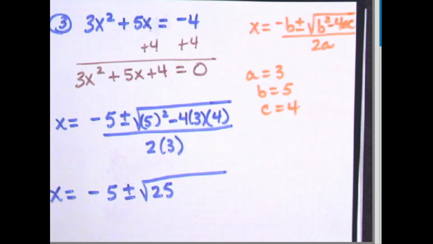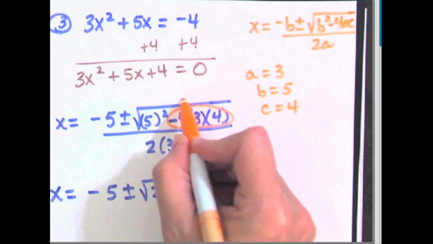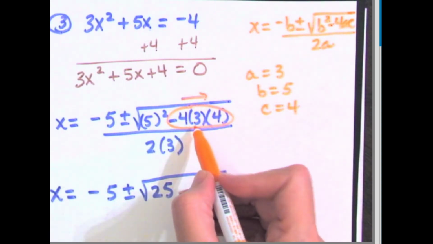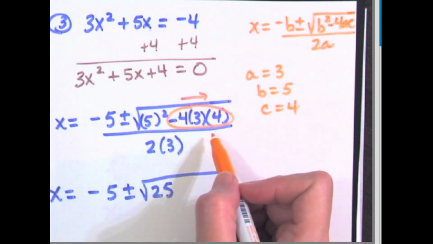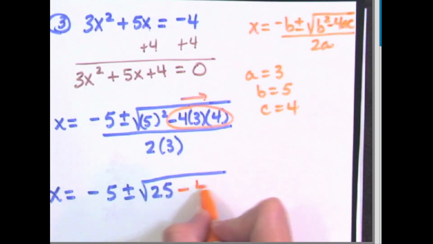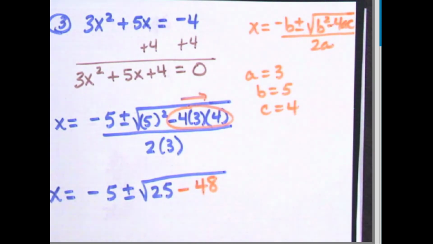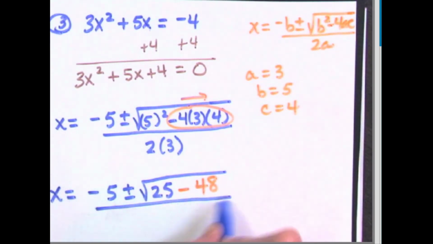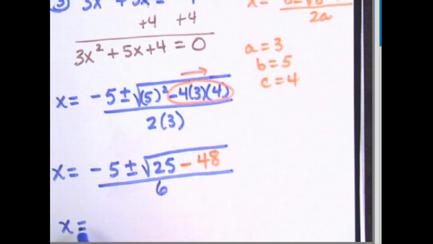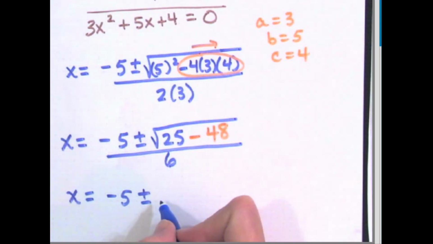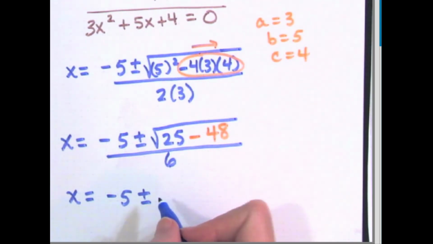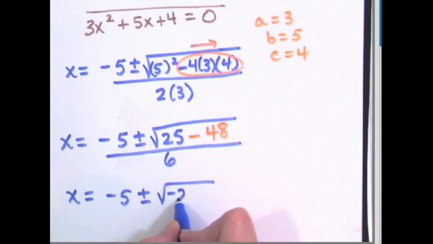Again, remember this is left to right here. Negative 4 times 3 is negative 12, and negative 12 times 4 is negative 48. And all of that is over 6, 2 times 3. And we'll simplify what's under the radical. 25 minus 48 is negative 23.